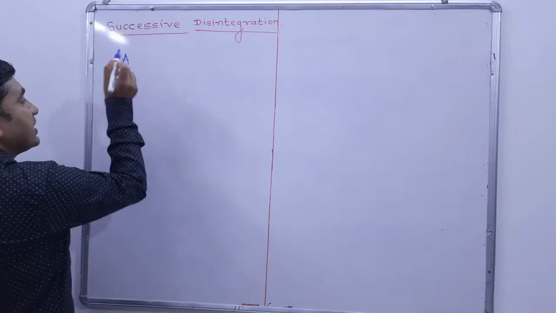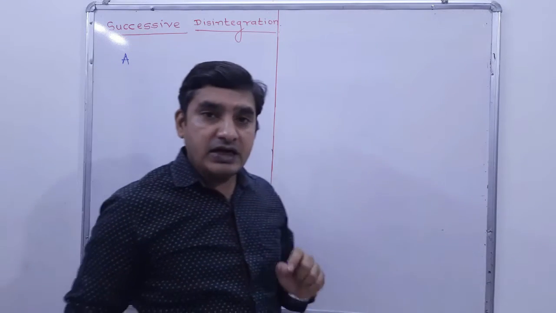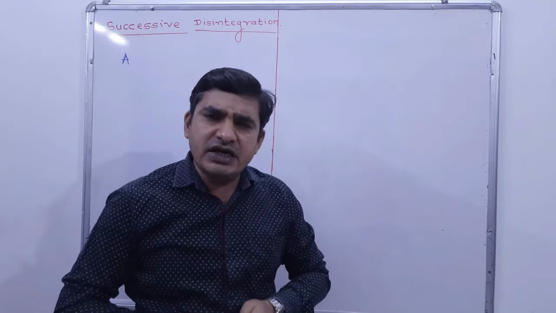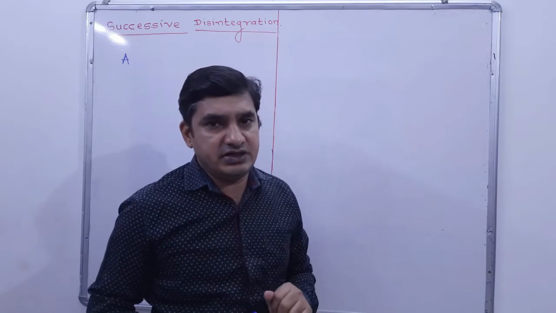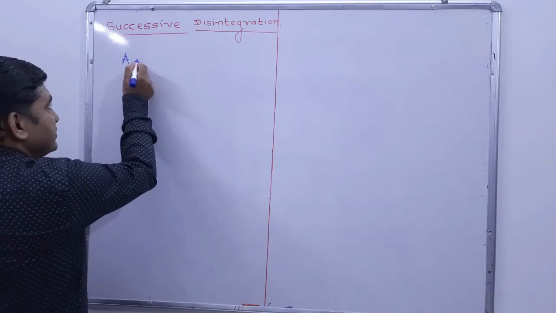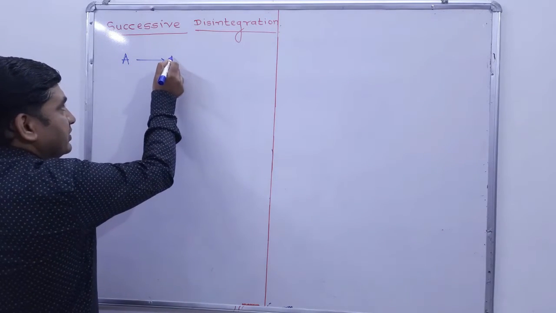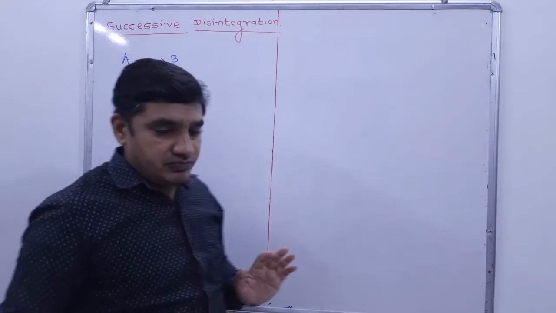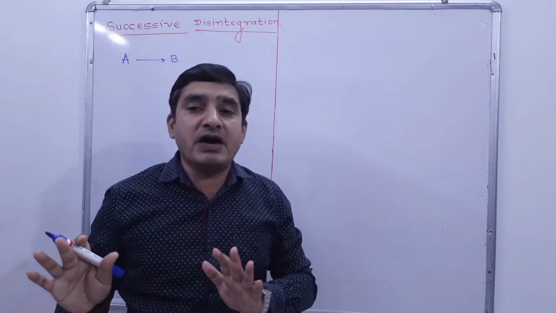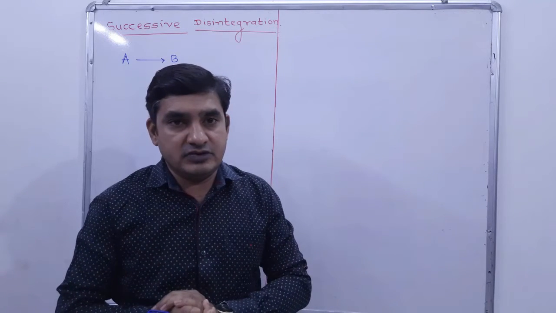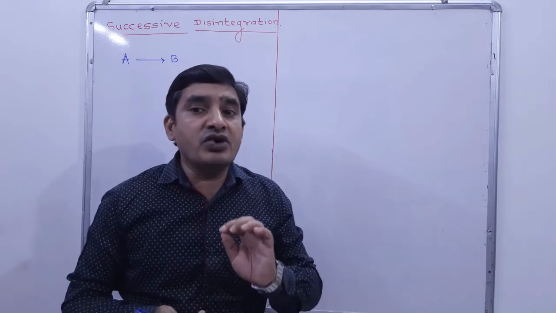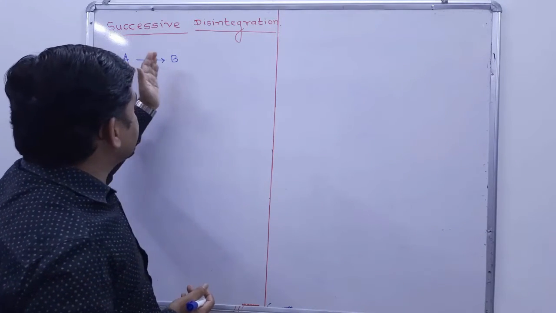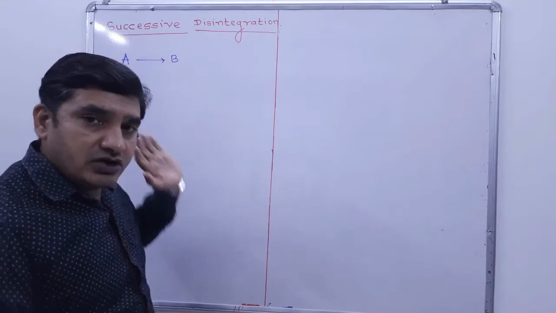So if we consider A as one of the radioactive atoms or radioactive nuclei, this radioactive nucleus disintegrates and we obtain atom B. Atom A is known as the parent atom, which is the original radioactive atom. The parent disintegrates into the daughter.